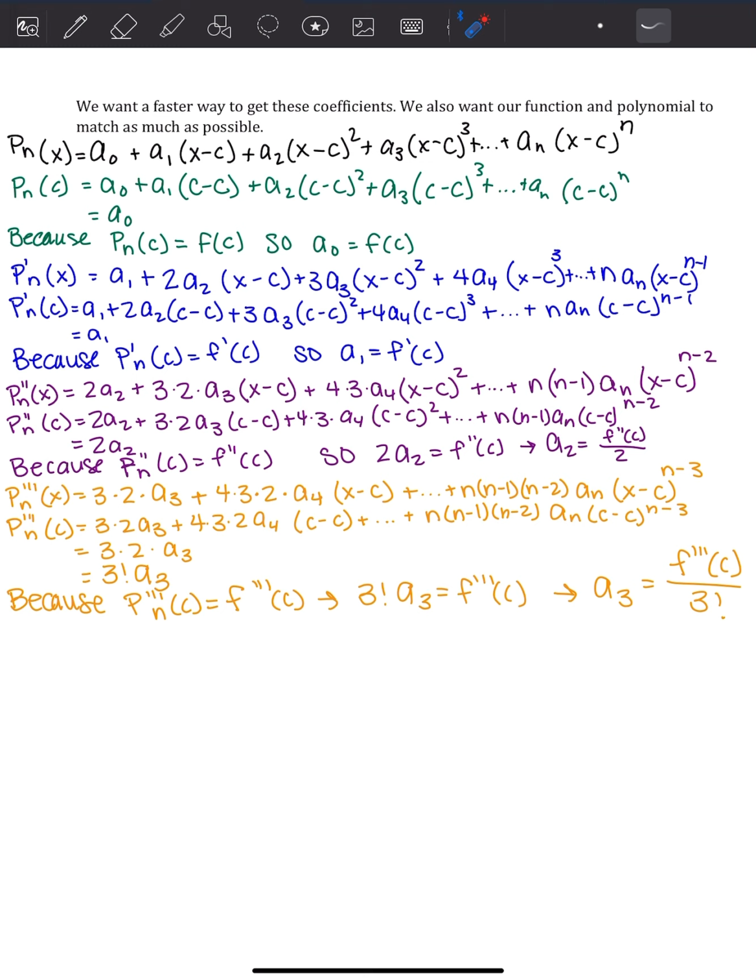So what this tells us is when we have a function, our coefficients are going to look like a sub n is equal to the nth derivative of f of c divided by n factorial.